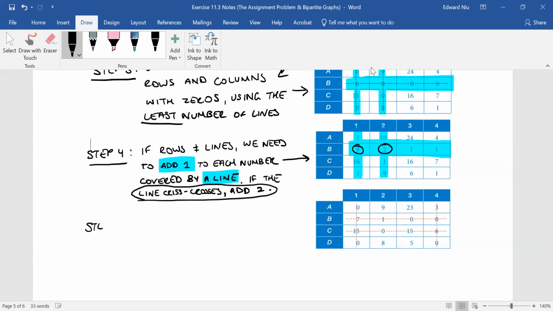And so the last step, step 5, is essentially a row reduction again.